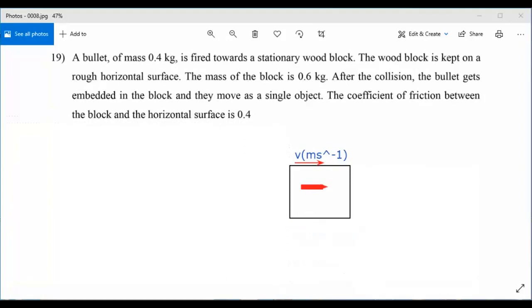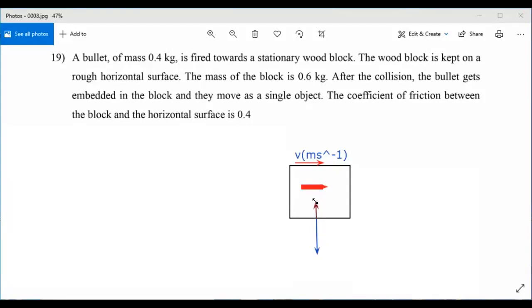The weight of the object is acting downward as mg. Then there will be a normal reaction force given by the surface. So let me mark it as capital R. Actually we should mark this R and mg forces along the same vertical line, but here I have kept a small gap. Or we can mark this R force somewhere here. That is also possible, right?